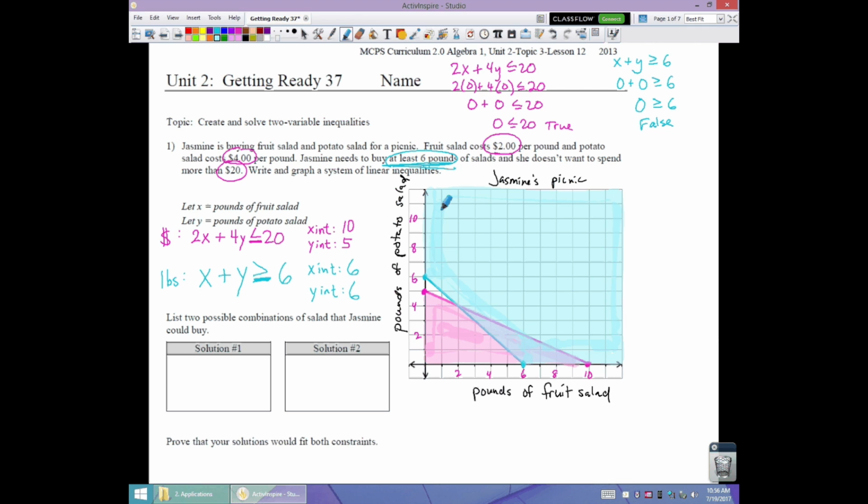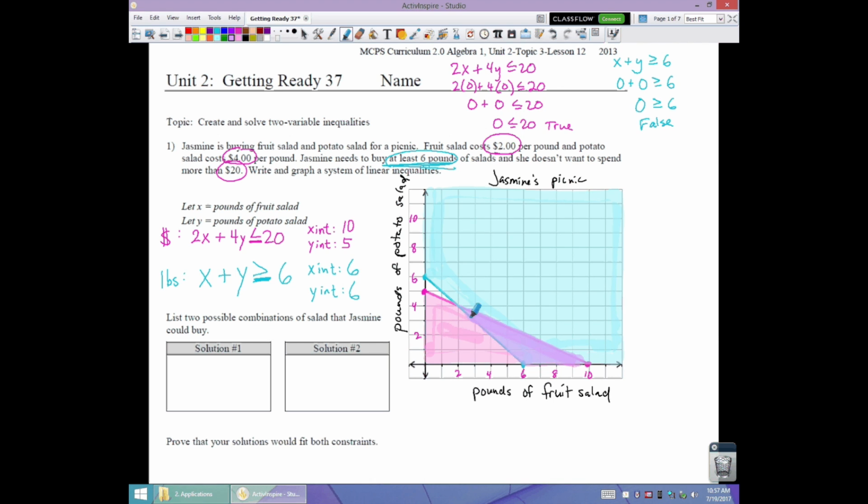So I want 2 possible combinations now of salad that Jasmine could actually buy, that she could afford, and it would provide enough. Well, where we shaded over here, what we're interested in is the overlap part. The section, it's a triangular section down here, that got shaded both pink and blue.